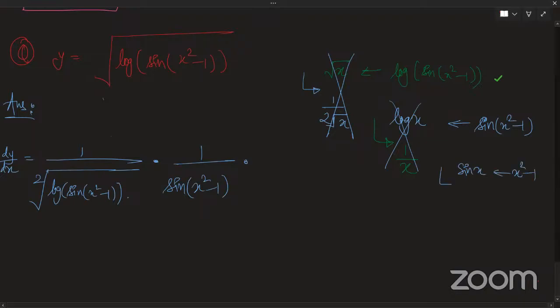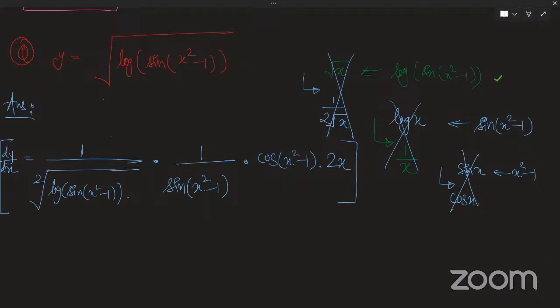I approach from the outermost side, I get sine x. Derivative of sine x is cos x. So what will be the next term that I write over here? Cos of x square minus 1. Great work. Do I need a web chart for x square minus 1? No, sir. I can just directly write the derivative as 2x. Right. So this is my final answer, right?